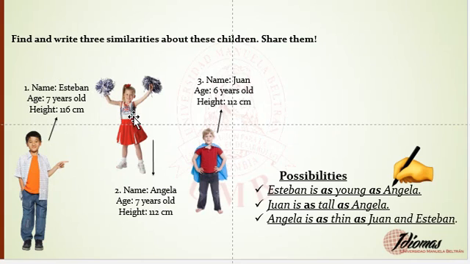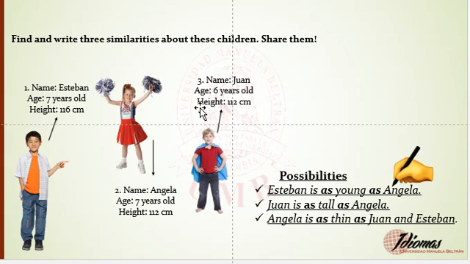Here we have one, two, and three children, two boys and one girl. His name is Esteban. He is 7 years old and he is 116 centimeters tall. Okay, about height. You have number two and number three.